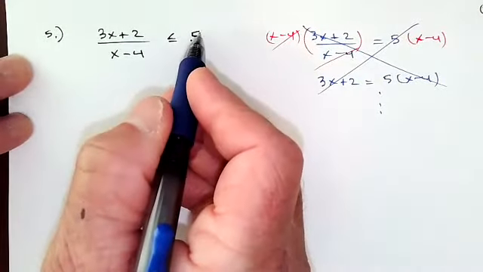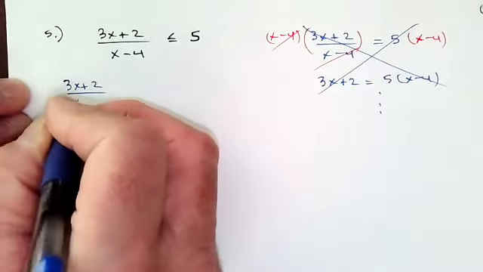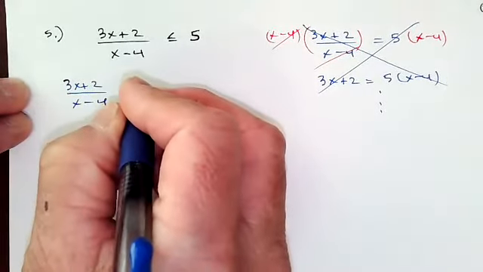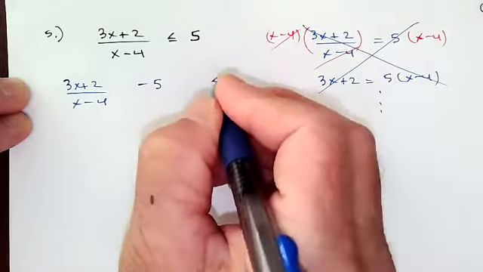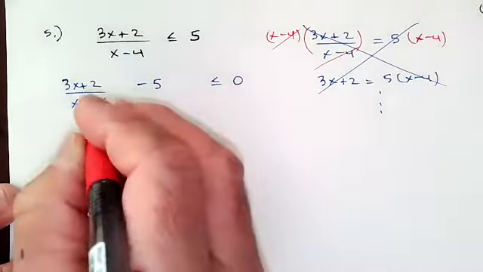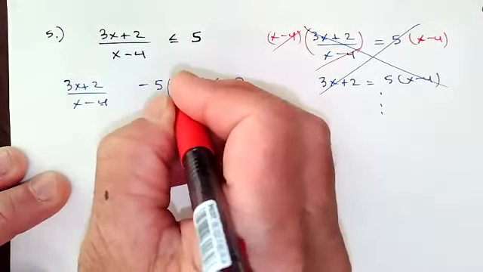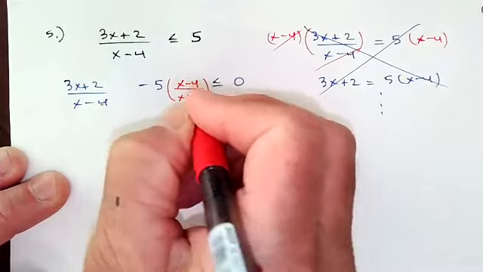So what does that leave us with? We have to move this 5 over. Leave some room and make the right side equal to 0. And what we're going to need to do is a common denominator. We're going to have to multiply this -5 top and bottom by x - 4.